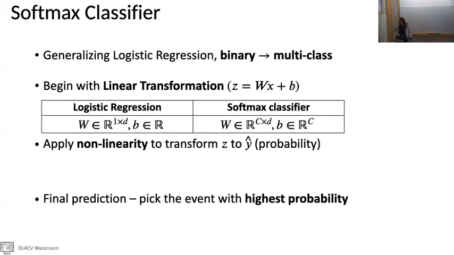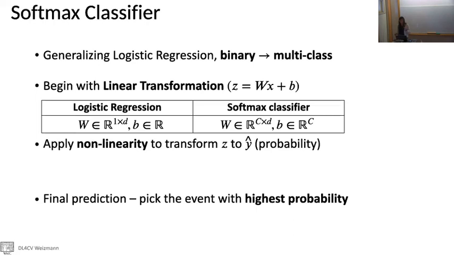And so there are slight changes in how we generalize. In logistic regression, we had W as a vector because we wanted to predict only one value. Here we want to predict C values, like the probability or the score for each one of the classes.